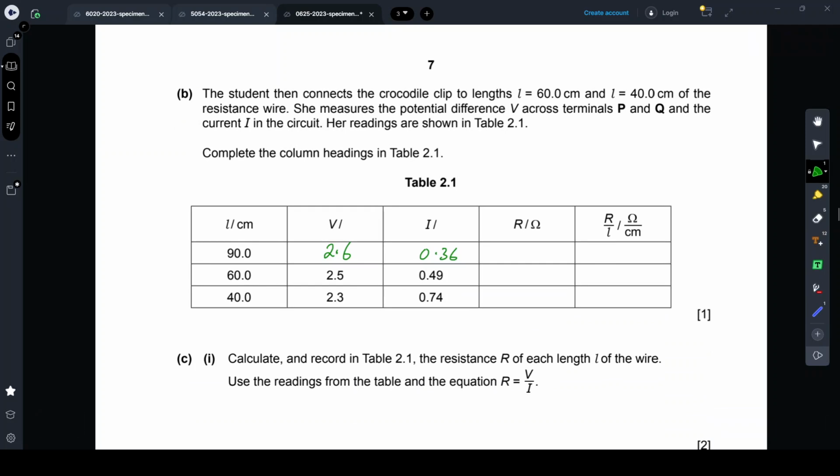So R is V over I. So what's the resistance? Do the calculation. It will be 7.2.